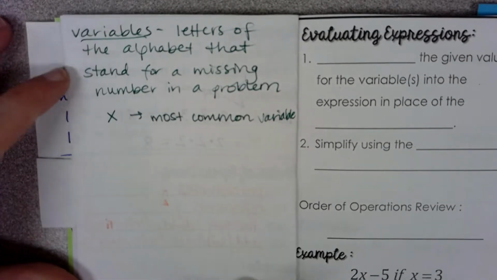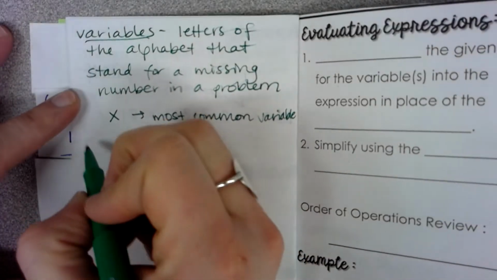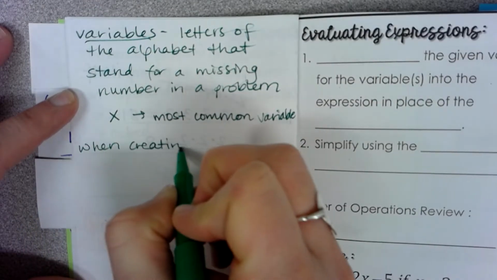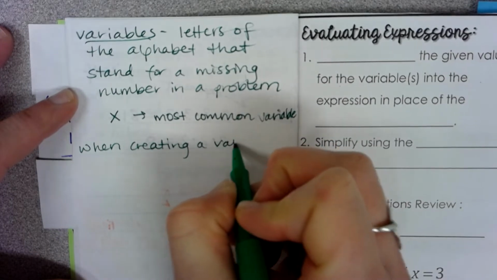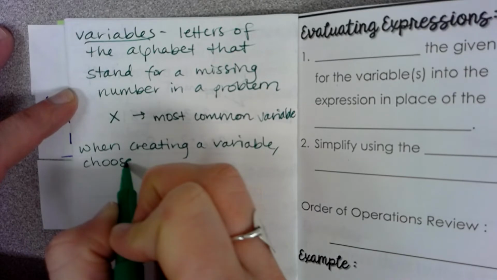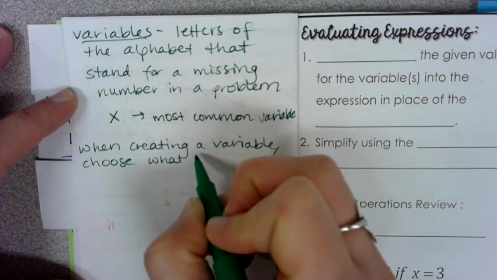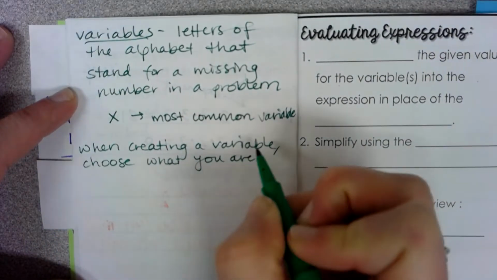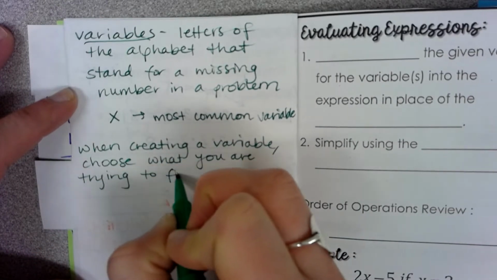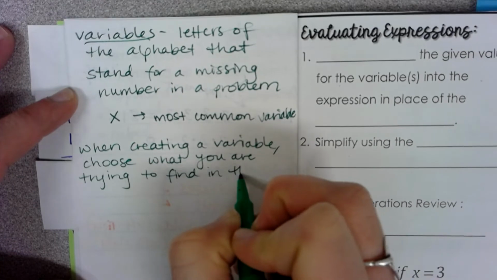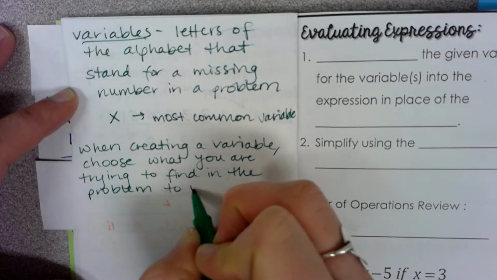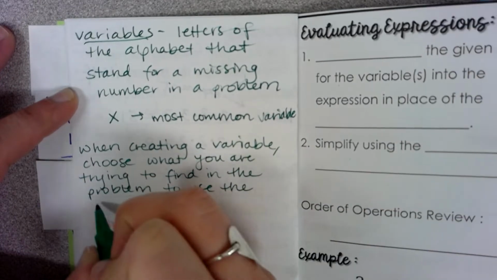A lot of the times if you are asked to create a variable, when creating a variable, choose what you are trying to find in the problem to use the variable for.